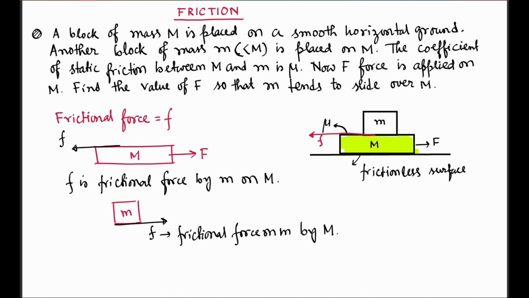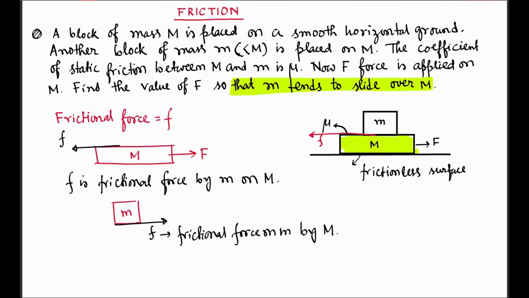We have to calculate the value of F when small m tends to slide over capital M. That means this smaller block is not moving over larger block. It is having a tendency to move.